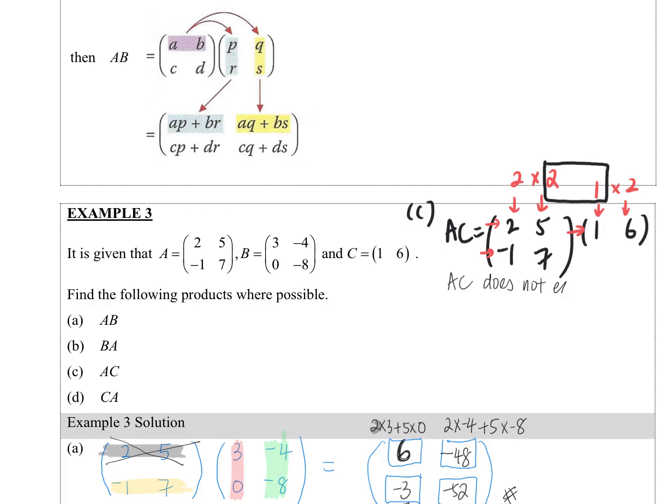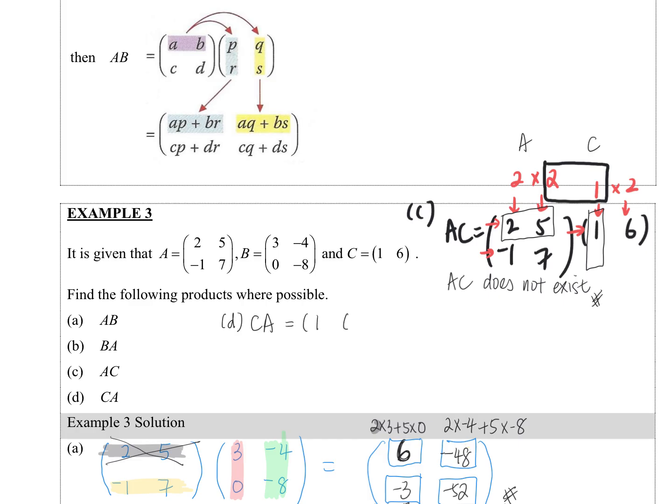In this case, I cannot even multiply these two matrices, because when I want to do the row times the column, I don't have enough elements to do that. So these don't exist. When they put AC, I must follow AC. I cannot just reverse.